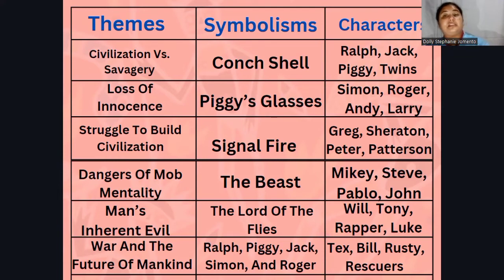So as the characters interact with each other and with their environment, so do the forces they represent. Using the characters to embody these forces allows Golding the opportunity to compare and contrast with rich shadings of meaning rather than simplistic oppositions.